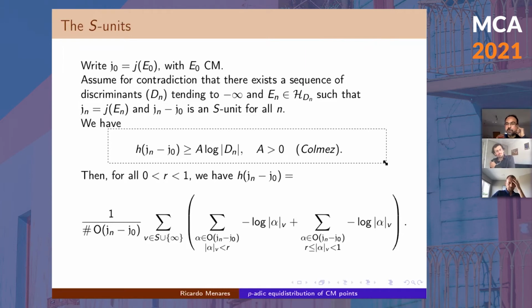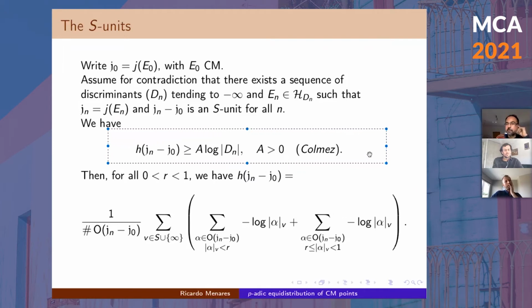A first ingredient is that these algebraic integers Jn minus J0 are not small points. On the contrary, their height grows as the logarithm of the discriminant.